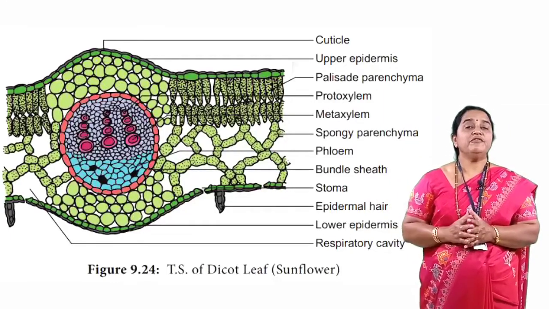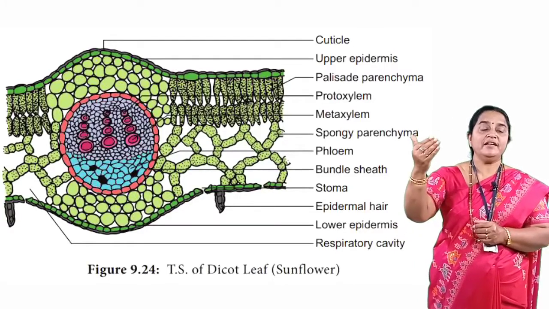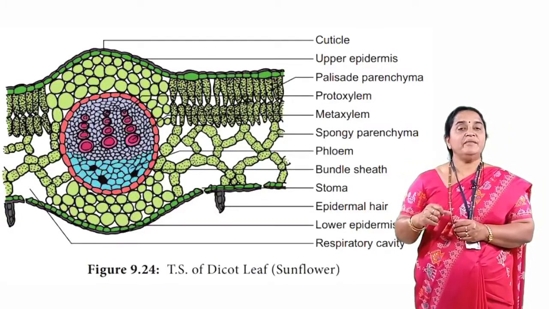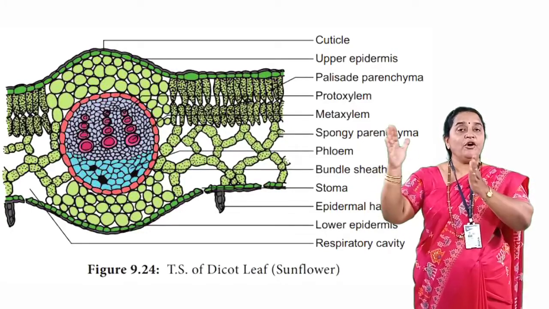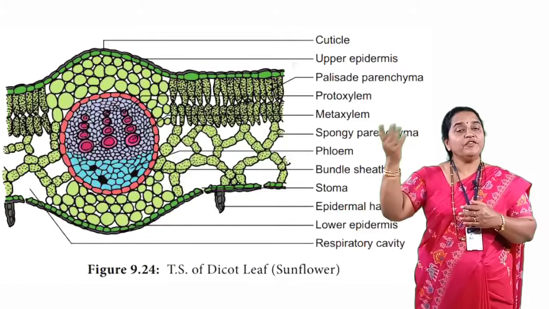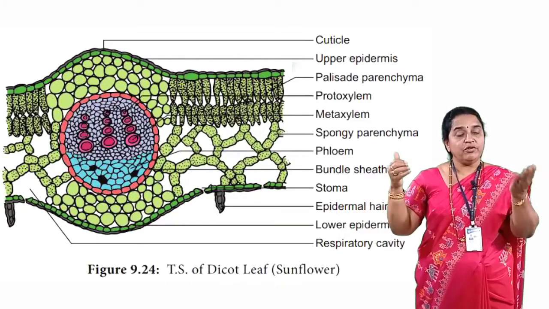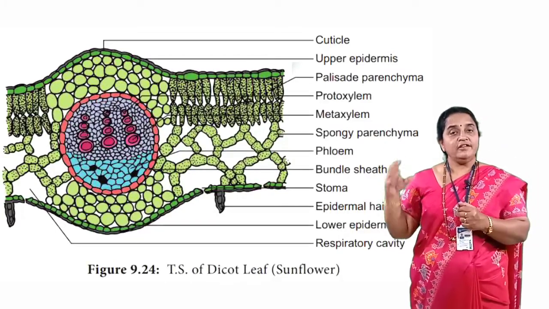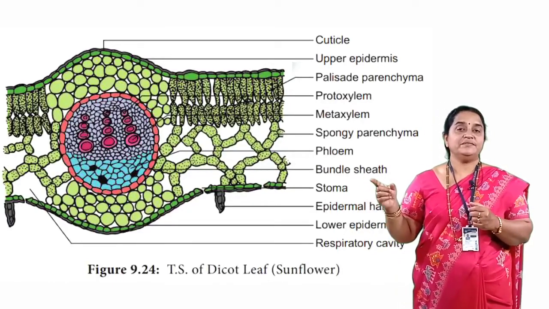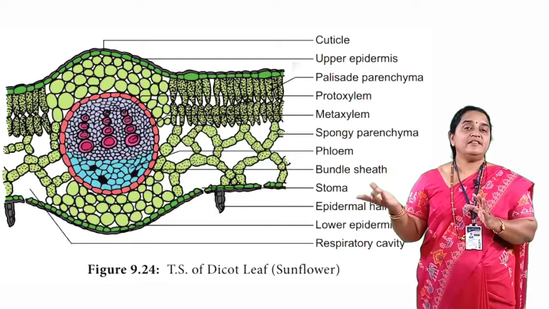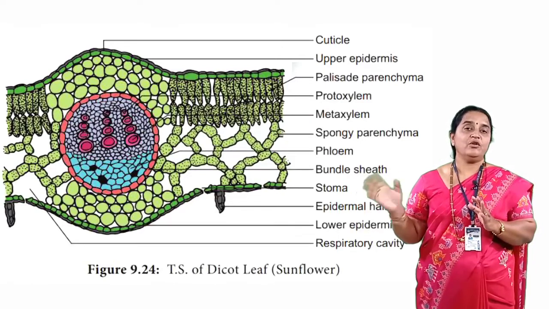So here mesophyll is said to be palisade and spongy. Palisade means here chlorenchyma cells are elongated, looks like a rod. They are compactly arranged, store lot of starch granules. Rate of photosynthesis is higher here, while in spongy mesophyll the cells are oval shaped, loosely arranged. Vascular bundles are as it is, conjoined collateral closed type.